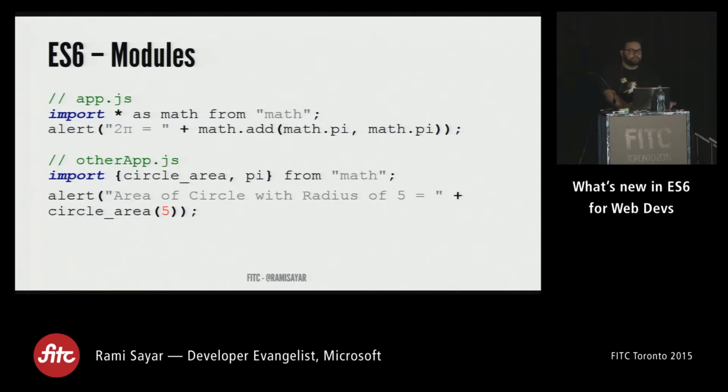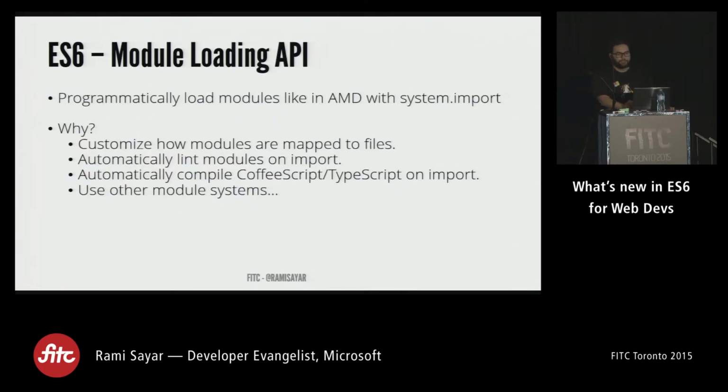Now, what makes the module system extremely powerful is that there's also an API for it. So you can programmatically load modules like you do in AMD with System.import, okay? So you can tell from your JavaScript code to import a bunch of these modules. So you can do dynamic importing and a bunch of other cool things. And why is this important? It's because it lets you customize how your modules are mapped to files.